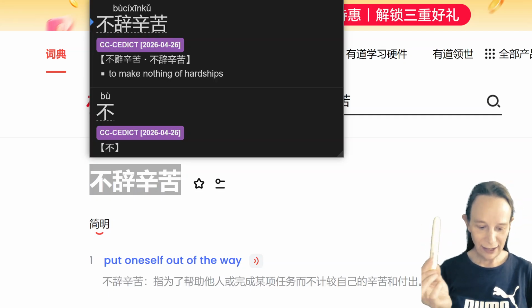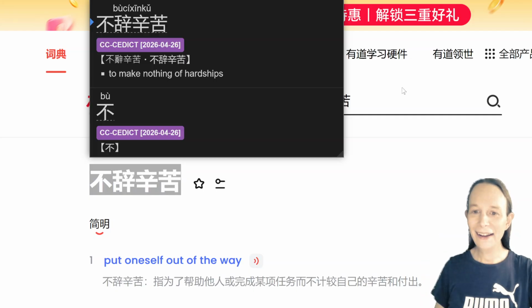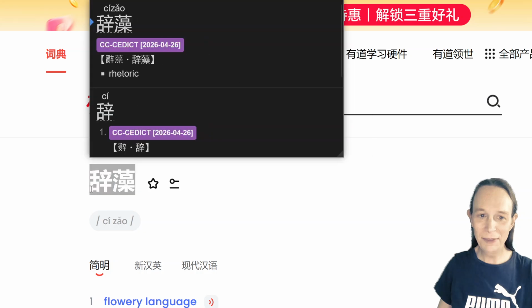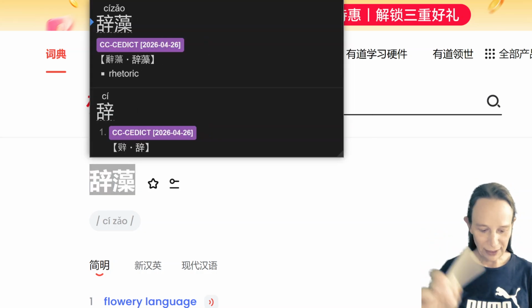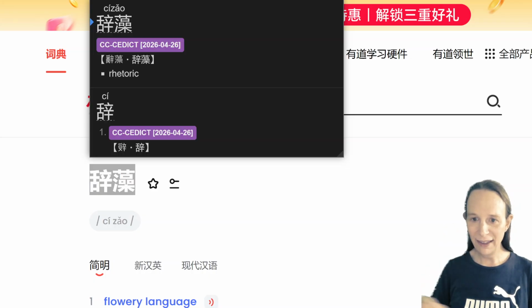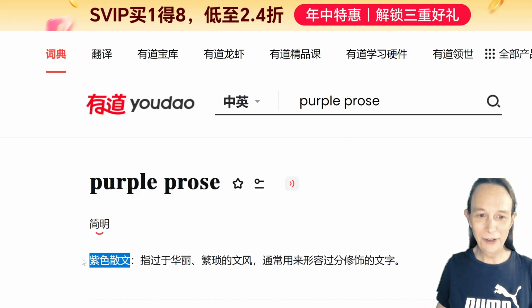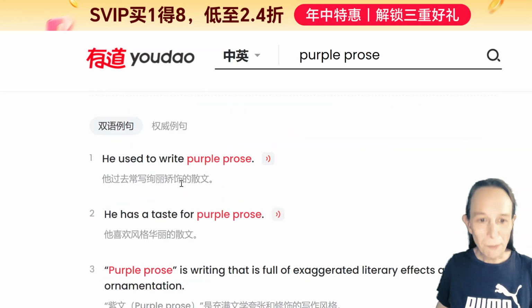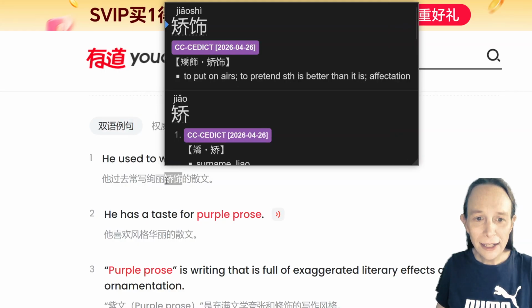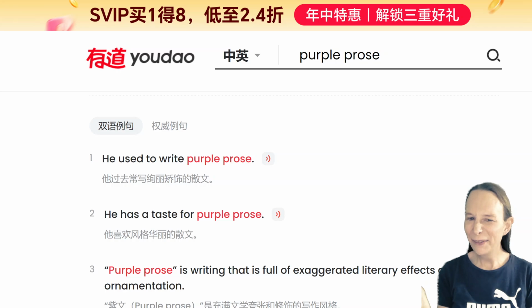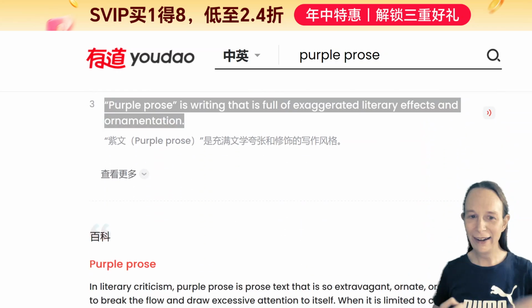Number 5, 词藻. Sorry, I mispronounced that. 词藻, and 修辞. 修辞 is rhetoric. 词藻 is much more harsh and criticizing, like purple prose. Do you know the concept of purple prose? Purple, like literally that. It's like you're using flowery language for no real reason. Exaggerated literary effect and ornamentation.